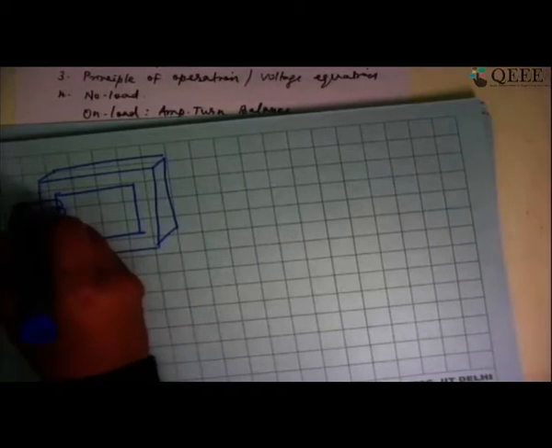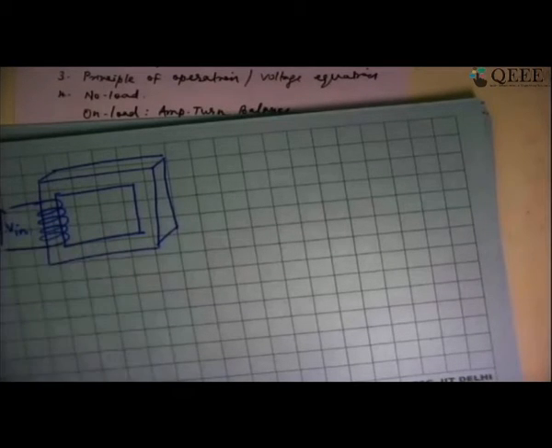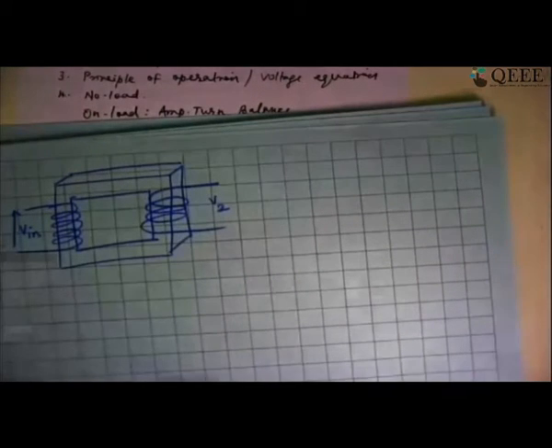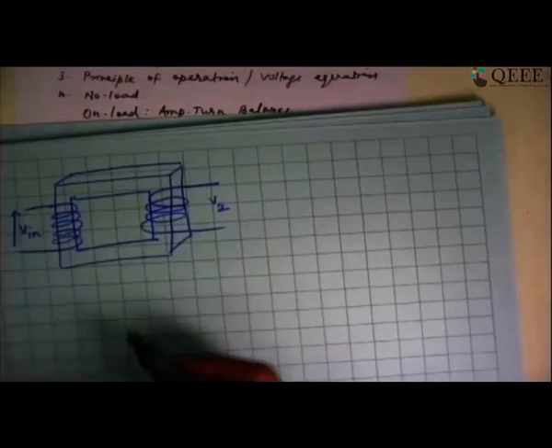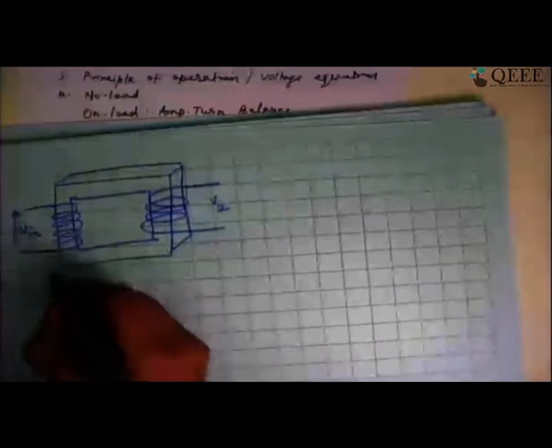It is excited with the help of an AC voltage. So let's say this is V input, and I'm going to have the output coming up from here, which I call as secondary. Let me say that is V2. So I'm going to have V in as the input voltage, V2 as the output voltage, that is a primary and secondary coil, which is wound on ferromagnetic core.